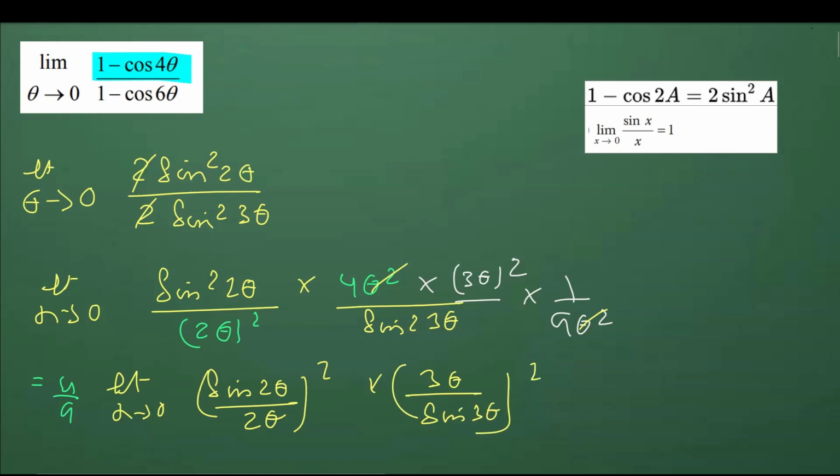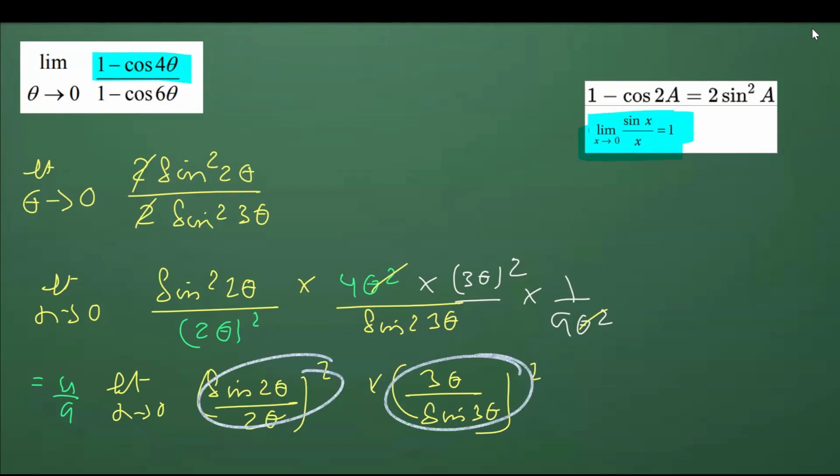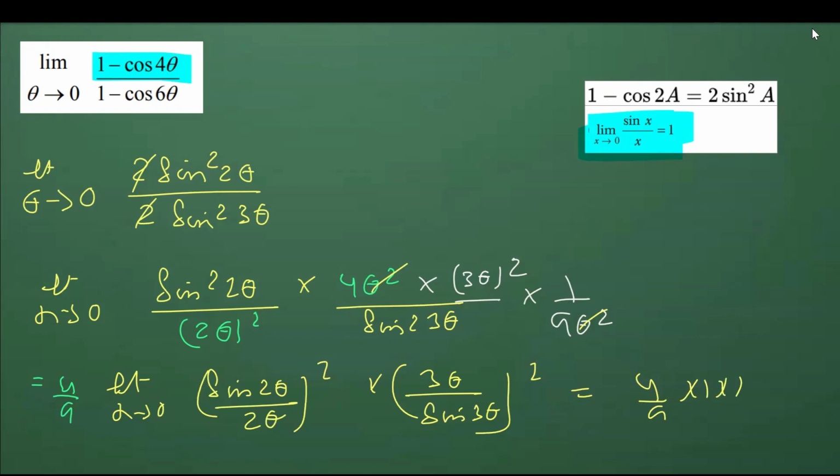So using this sandwich formula, these can be written as 1. So this is going to be 1 and this is going to be 1. 1 square is 1. That's why this will give you 4 over 9 multiplied by 1 into 1. So 4 by 9 is the answer for this question.